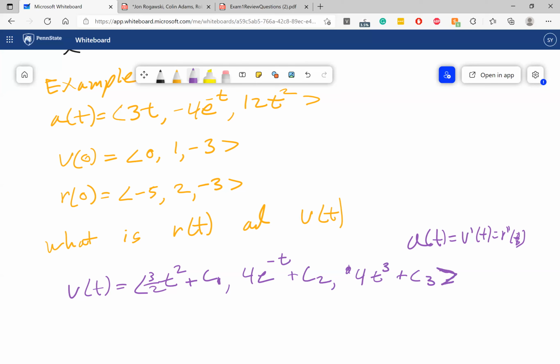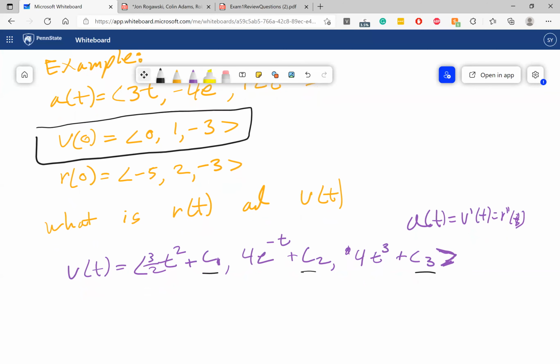So this is your velocity at t, but we need to know what c1, c2, and c3 are. We always need to add them because that's what happens when you take the antiderivative. And in order to do that, you just use your first initial condition.